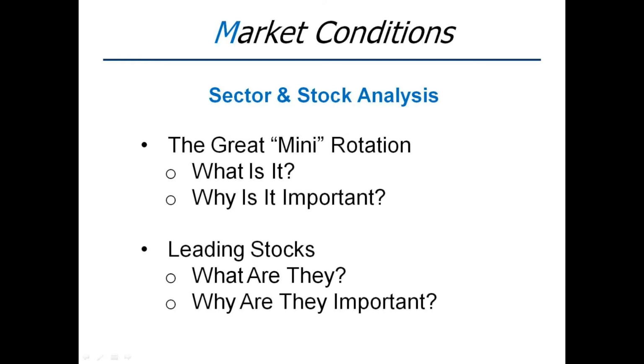They fell 20, 30% from their highs in a very short amount of time, but the S&P was only down 5, 6%. The Russell, the small cap Russell, and even the NASDAQ were down low single digits. The Russell at one point was down 10% at worst, the NASDAQ was down 8 and change, and the S&P was down even less. How, if you had such big devastation in so many of these important areas? The reason was the great mini rotation.